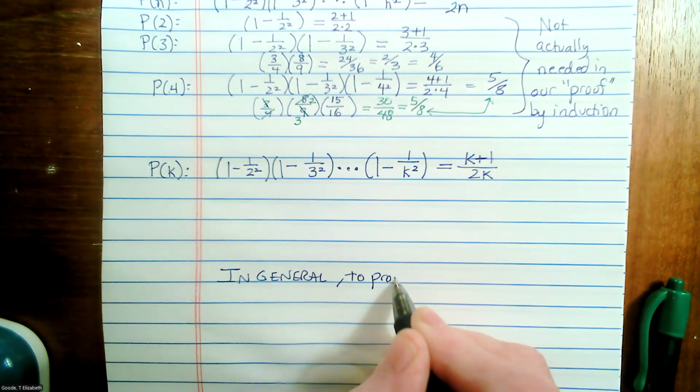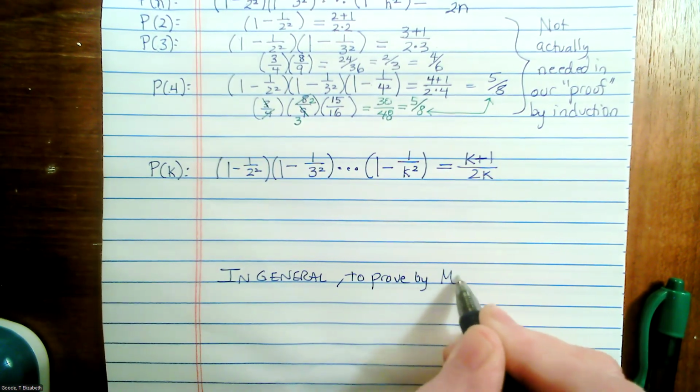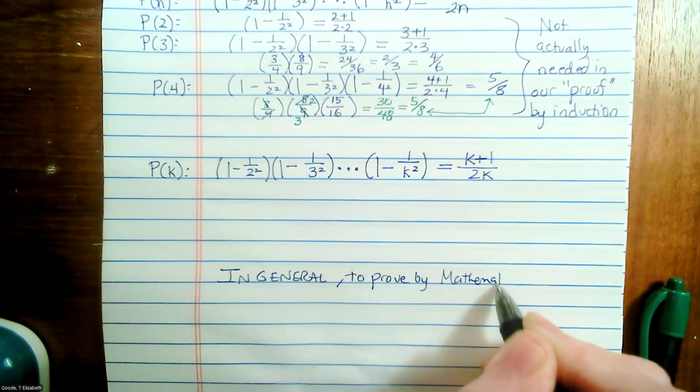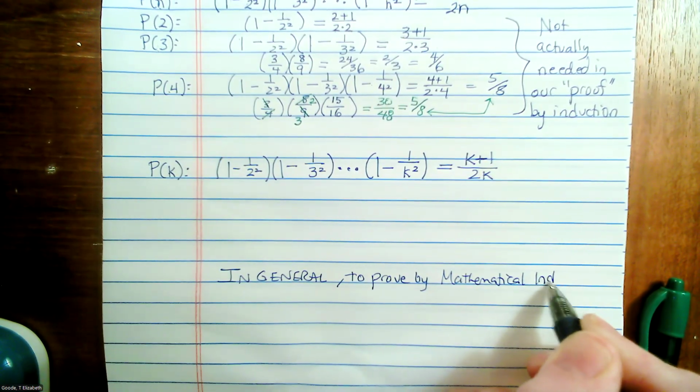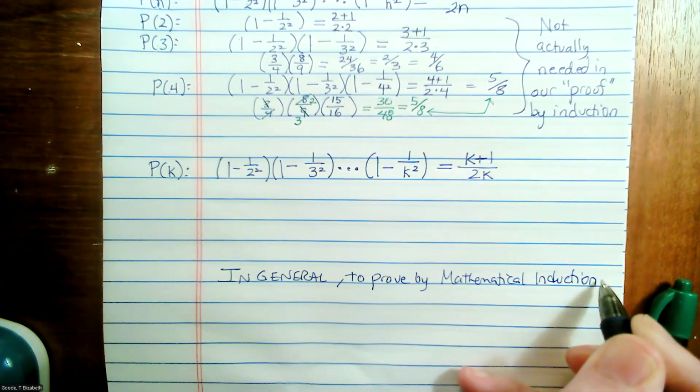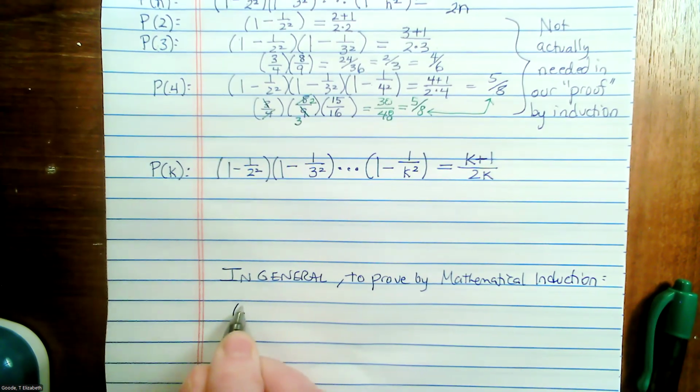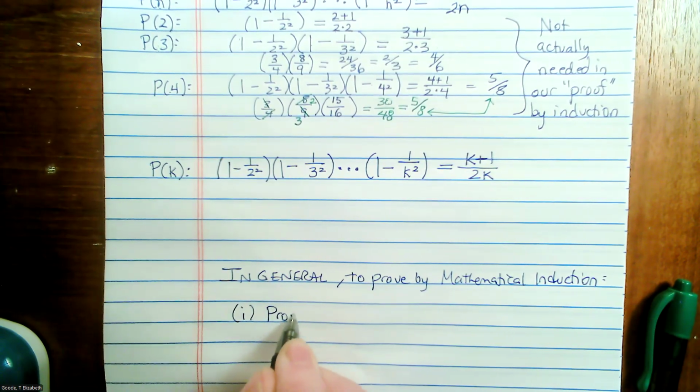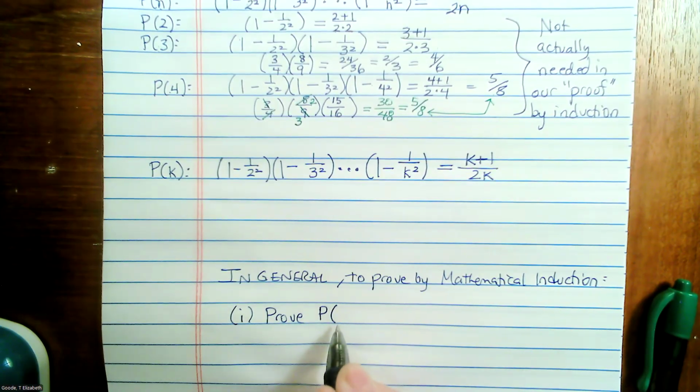to prove by mathematical induction, we have two things to do. We're using weak induction, so there are only two things to do. One, prove P of some low level value like 2 or 1.